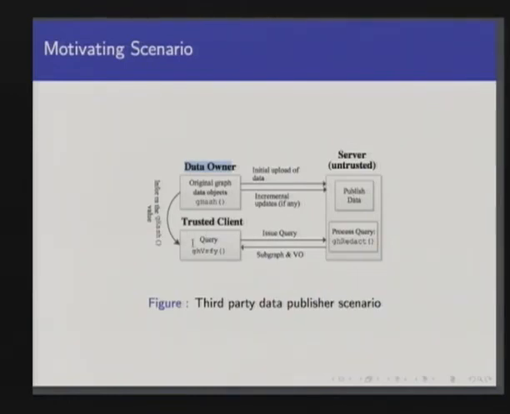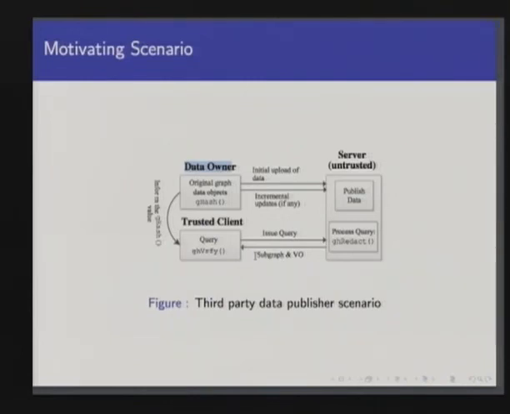So the users issue the queries. These third-party servers publish the data. There can be multiple users who issue the query to this third-party server. The third-party server processes that query and returns the output as a subgraph to the user.